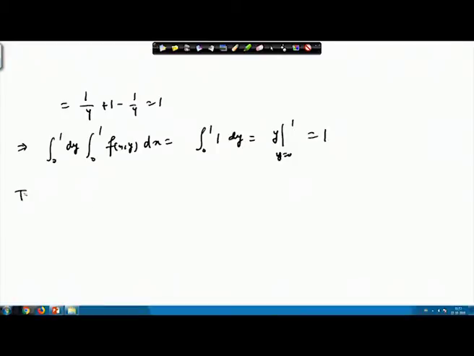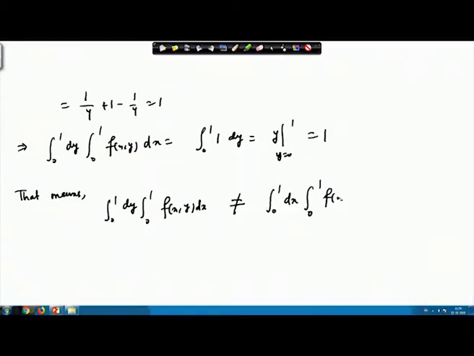So, that means integral from 0 to 1 dy, integral from 0 to 1 f(x,y) dx is not equal to integral from 0 to 1 dx, then integral from 0 to 1 f(x,y) dy. So, that means these two repeated integrals are not equal, which we wanted to prove.